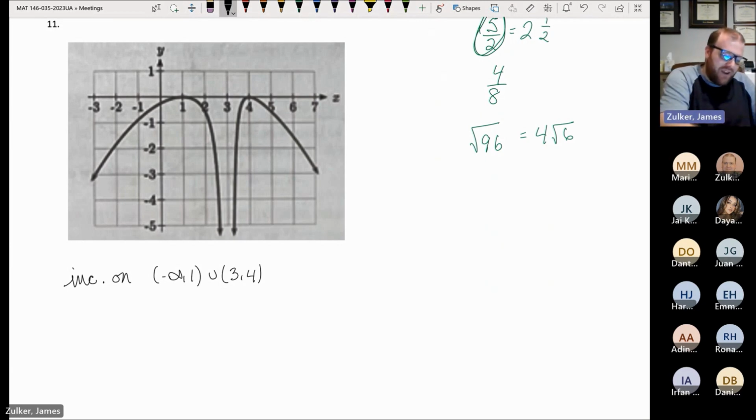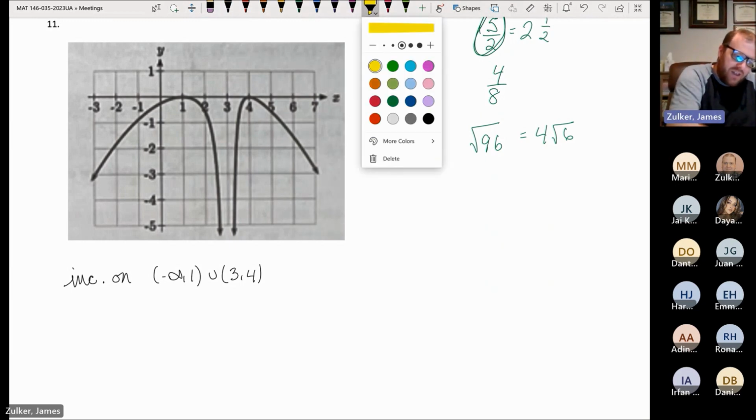Right, because what's happening is this goes down forever. It's going to get closer and closer and closer to that line 3 without ever touching it. And that's what this means, right? Some arbitrary number that's slightly greater than 3. So would you agree that it is increasing here?